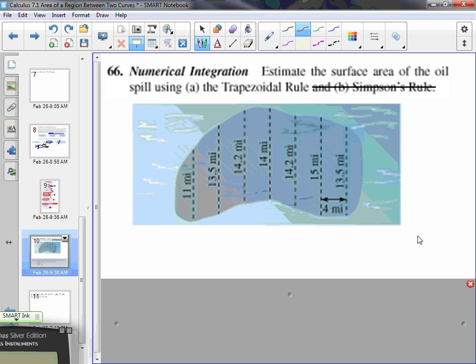All right, so how on earth is the trapezoidal rule going to apply to this? Well, because we can make trapezoids. Oh, wait, I can be fancier than that. I can use different colors. So there's one. Let's round that, square that off. There's one.